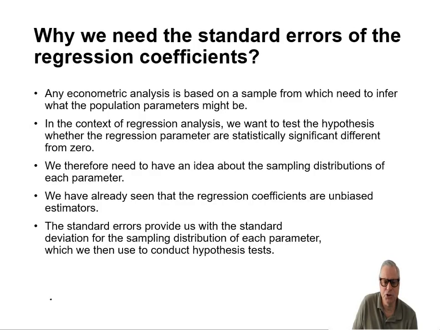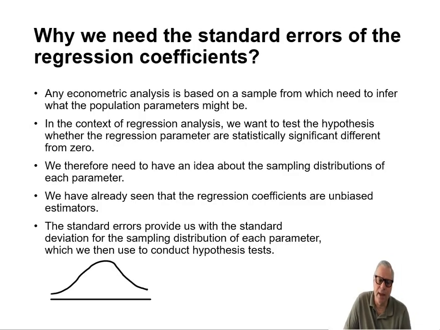But what we ultimately get is a sampling distribution that we need to assume, and a sampling distribution we know by the central limit theorem is normally distributed, so something like this. And then we get a certain coefficient, for example an intercept of 3 in our sample, and then we hypothesize that the true population parameter, beta 0, is 0.